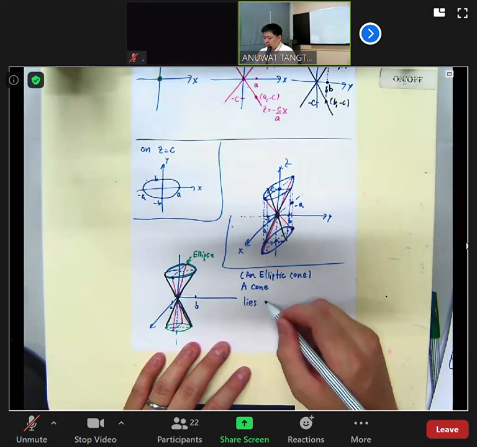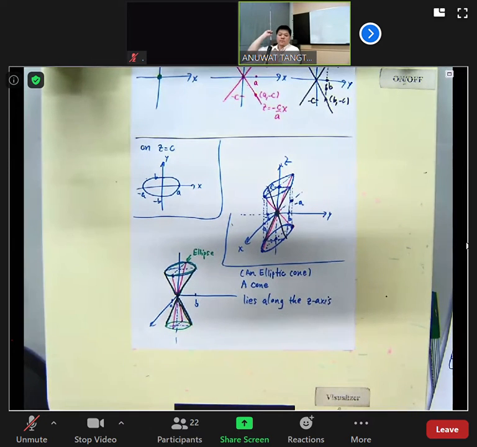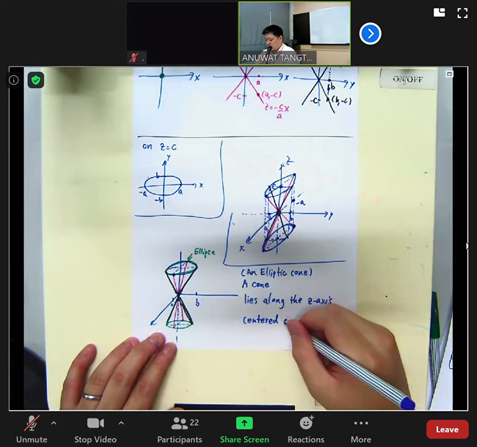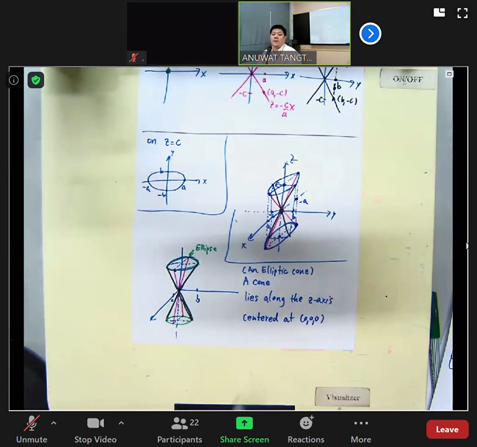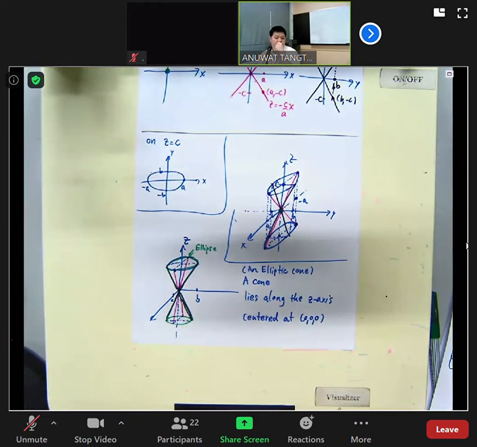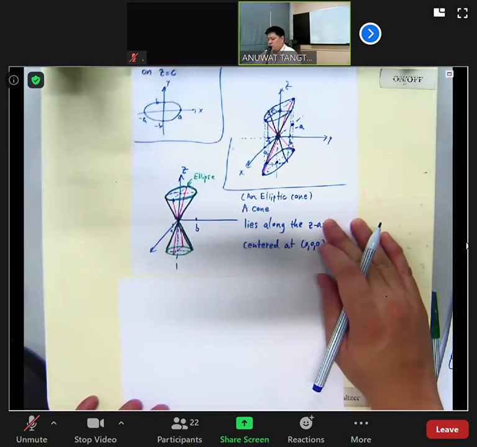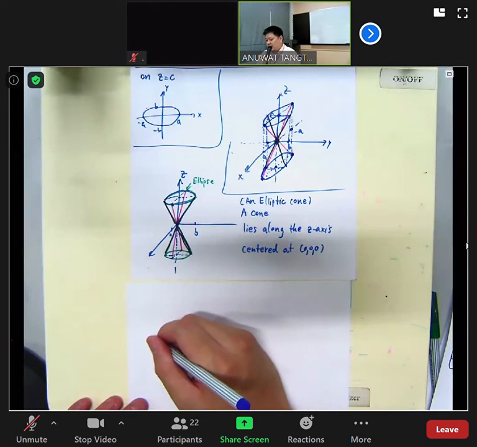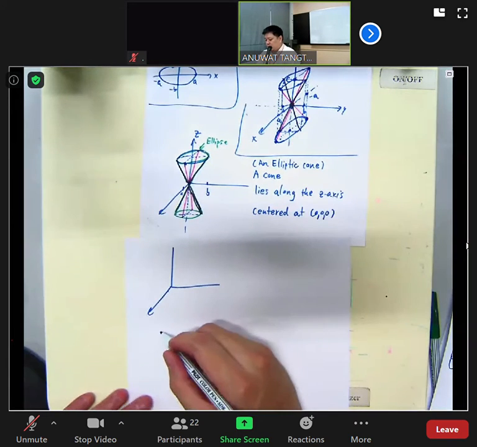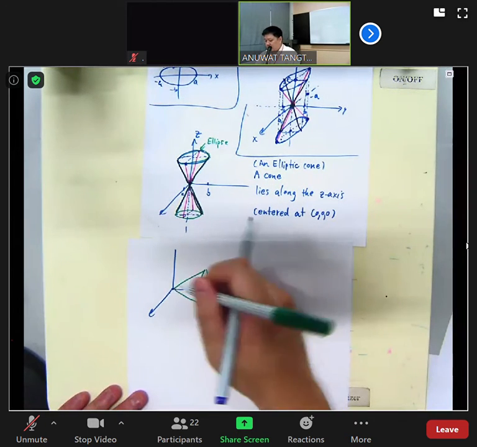It lies along the z-axis, and we can say it is centered at the origin. So this is the center of the cone, lying along the z-axis here. This is the z-axis. Okay, and similarly, if we want to draw the cone lying along the y-axis, then we can draw this one.